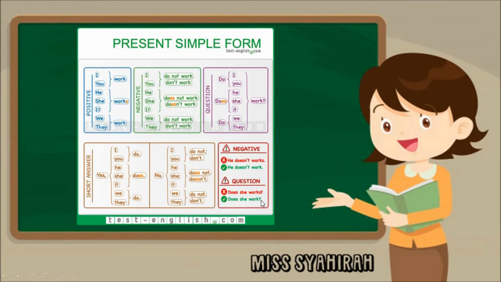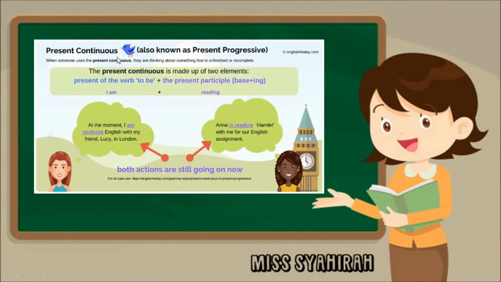Moving on to present continuous, also known as present progressive. We use present continuous for something that is unfinished or incomplete. Okay, meaning we are still doing it at the moment. So, present of the verb to be: I am, he is, they are, and then the verb, you must add ing.